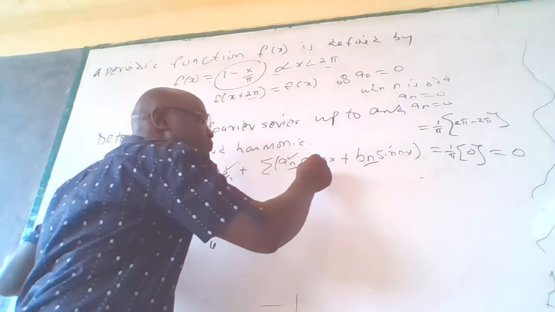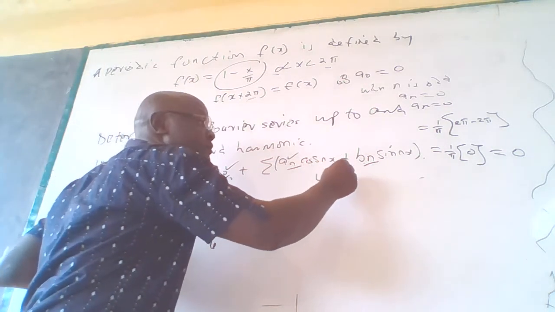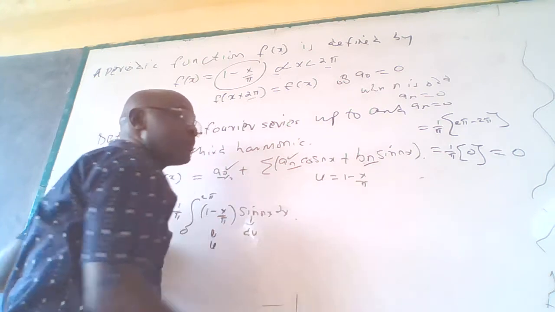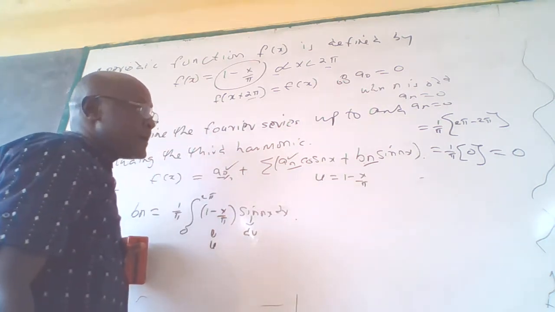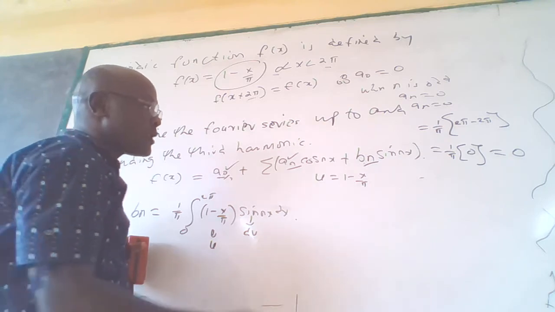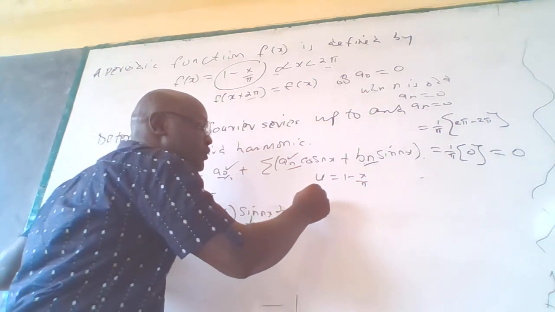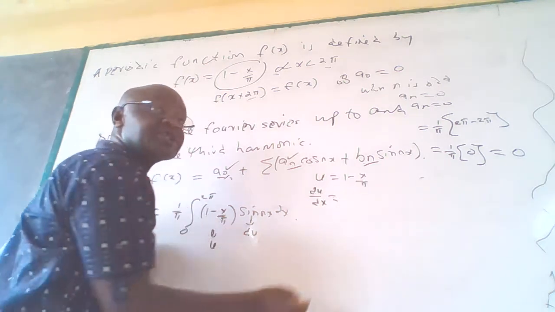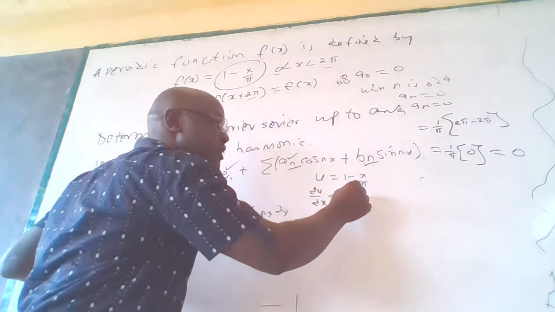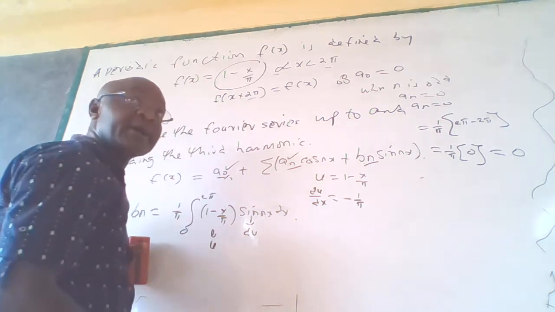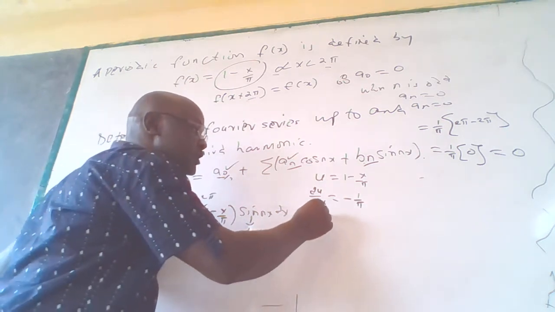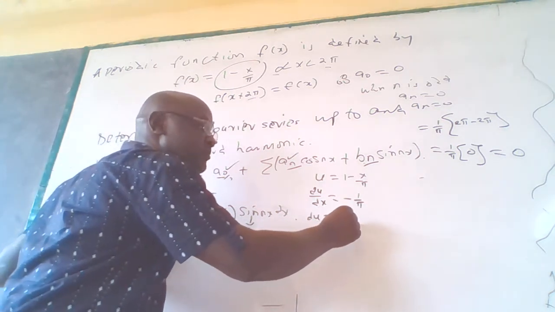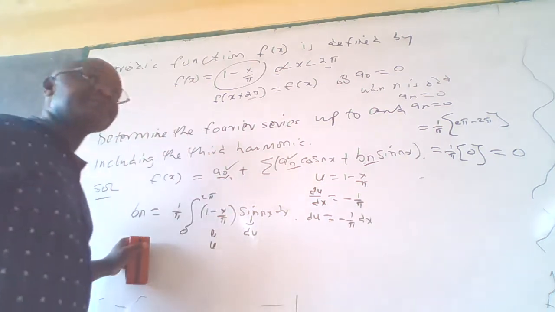So we have u equals to 1 minus x over pi. So du dx will be equal to, integrate with respect to x, we can have minus 1 over pi. Therefore, du equals to minus 1 over pi dx.